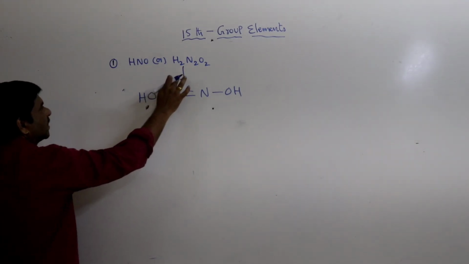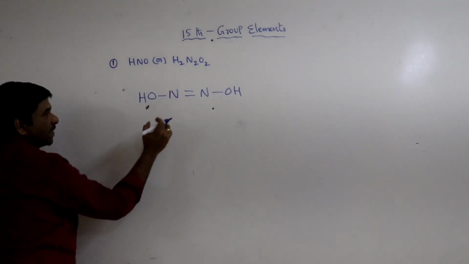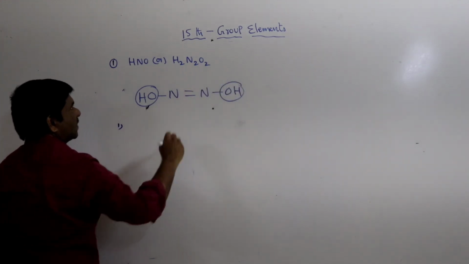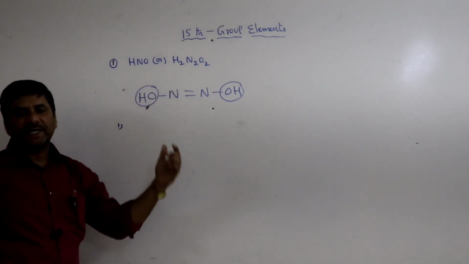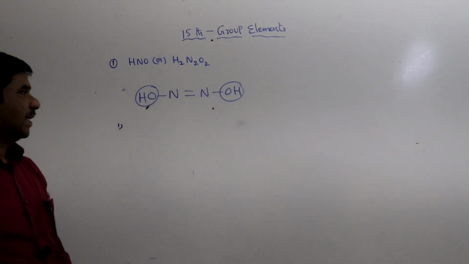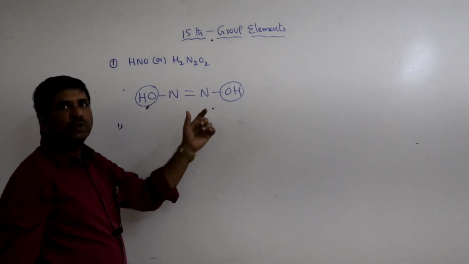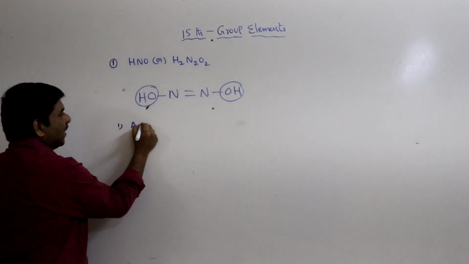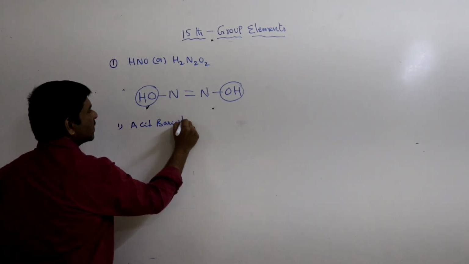When we observe the hyponitrous acid structure, you know that oxo acids mean acidic nature with OH group. Here how many OH groups? 2 OH groups are possible. So in this acid, basicity is 2.